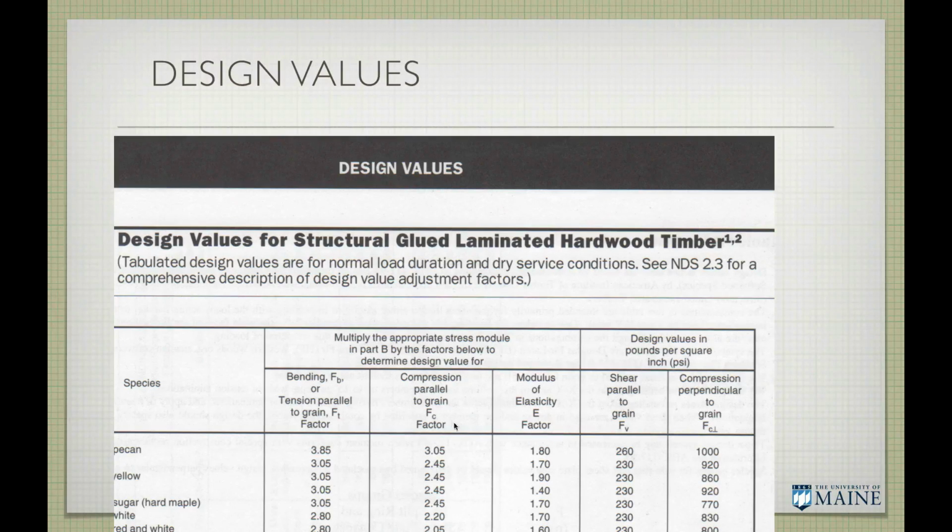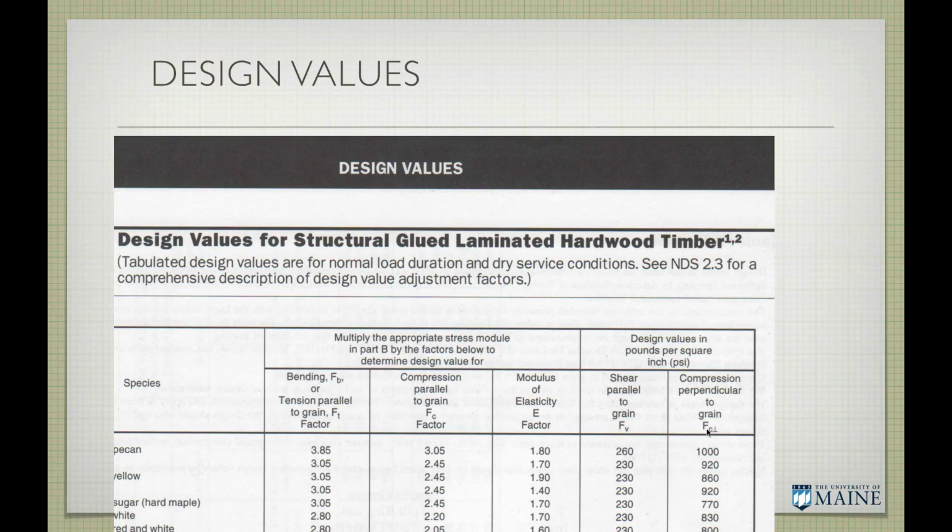They will give you values for compression parallel to the grain, which is called F sub C. They will give you design values for the modulus of elasticity, E. Shear parallel to the grain, and they use V for some reason.